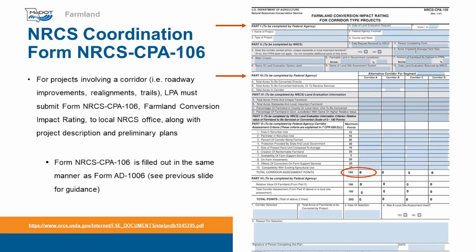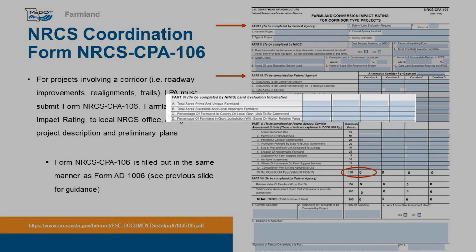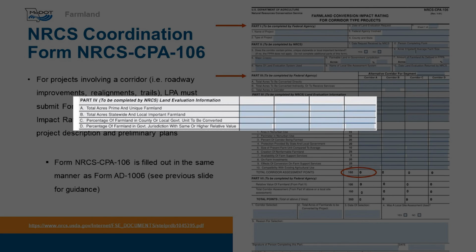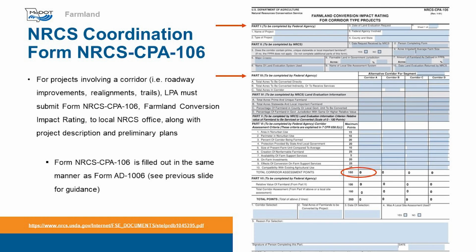NRCS-CPA-106 is completed in the same manner as AD-1006, but includes different point values for Part 4 to better assess potential impacts to farmland resulting from corridor-style projects. Please refer to the previous slide for guidance on completing this form. Detailed instructions are provided on page 2 of the form, which can be accessed using the link provided on this slide.